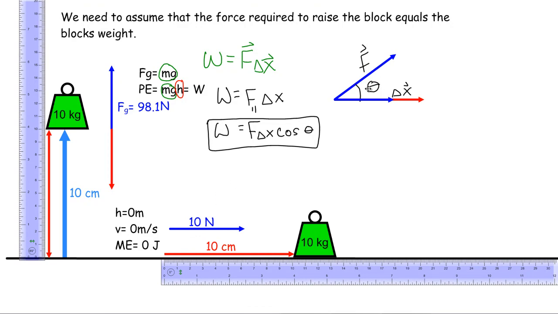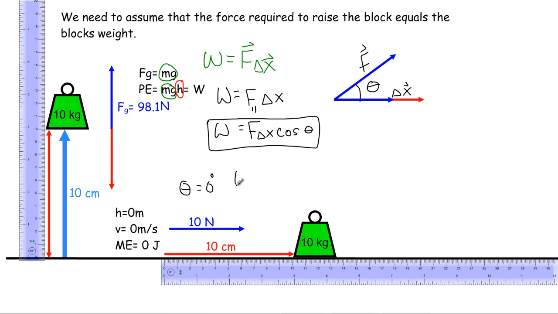So if I were to look at my equation for work, where work equals force times my displacement times the cosine of my angle theta, well, my angle theta in this case equals 0 degrees.